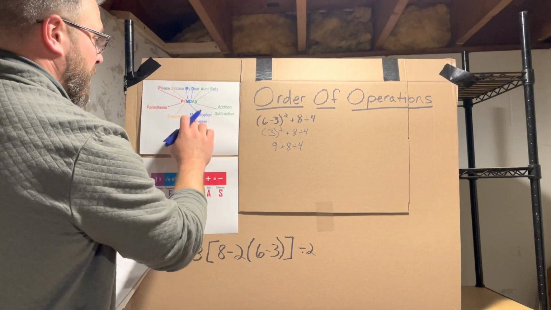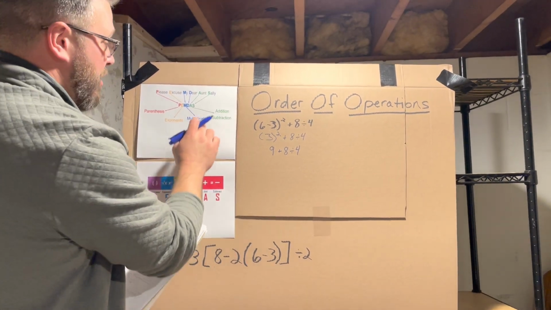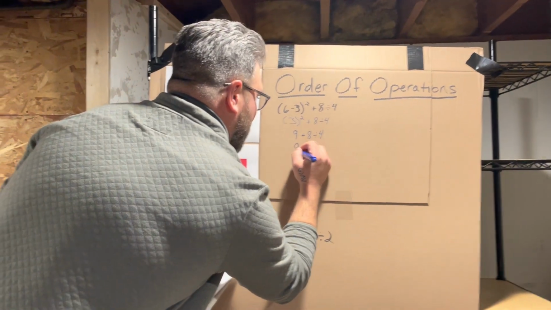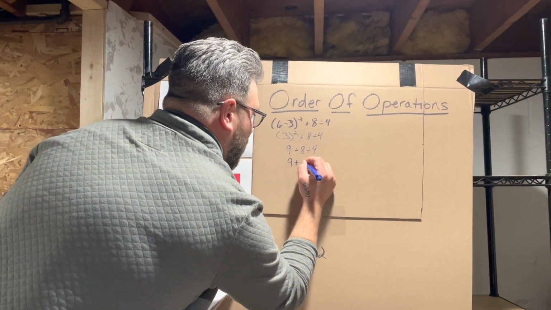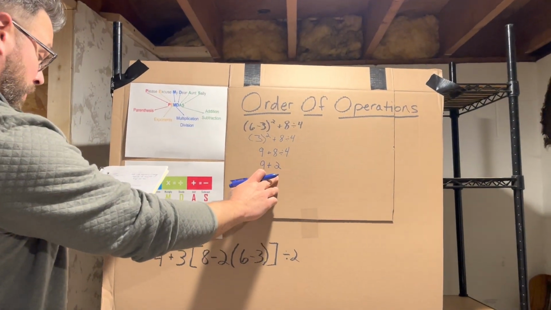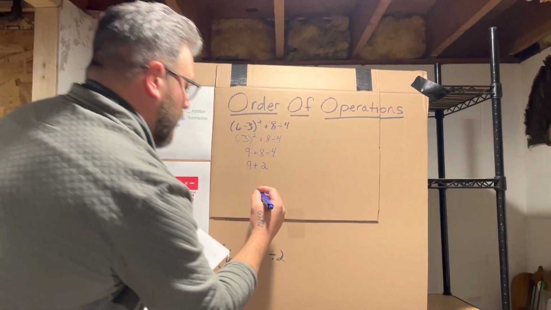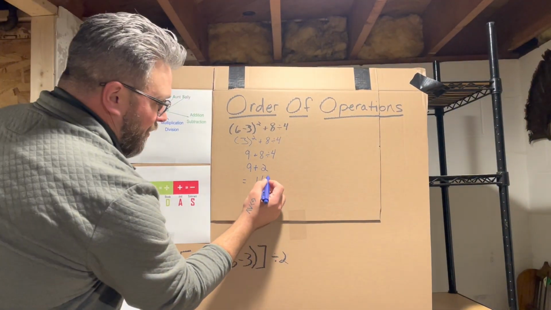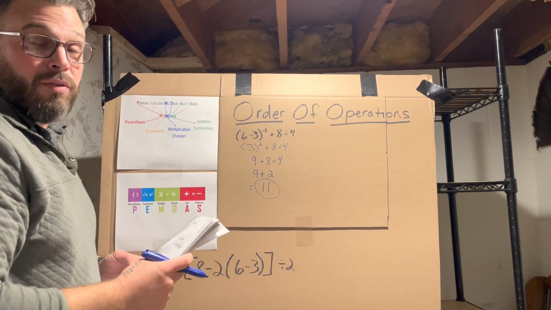In that, multiplication and division is before our addition and subtraction. So we got to go 8 divided by 4 is equal to 2. So we rewrite out the equation 9 plus 2. And obviously 9 plus 2 equals 11. And there we have our answer for the first equation of our order of operations.